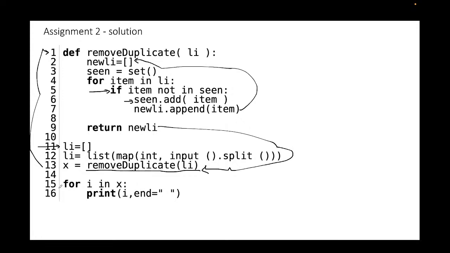So lines 15 and 16 are just printing all the elements separated by a space. Okay, so all elements in X are being printed with a space. That's all.